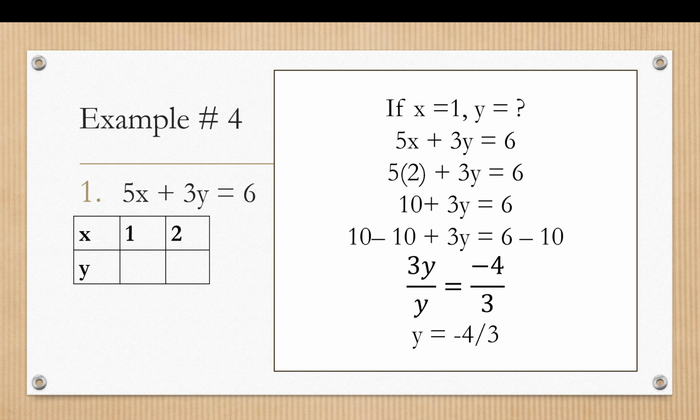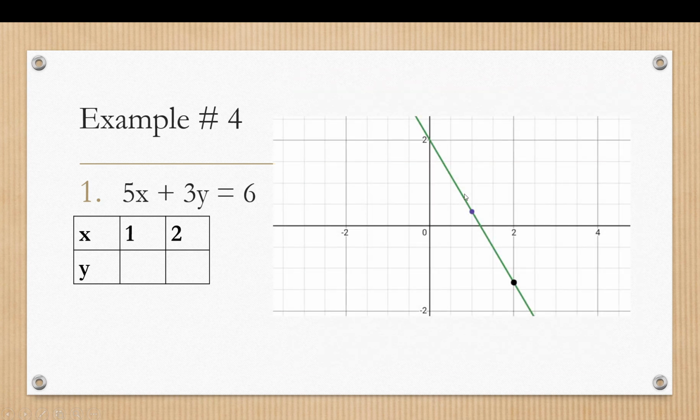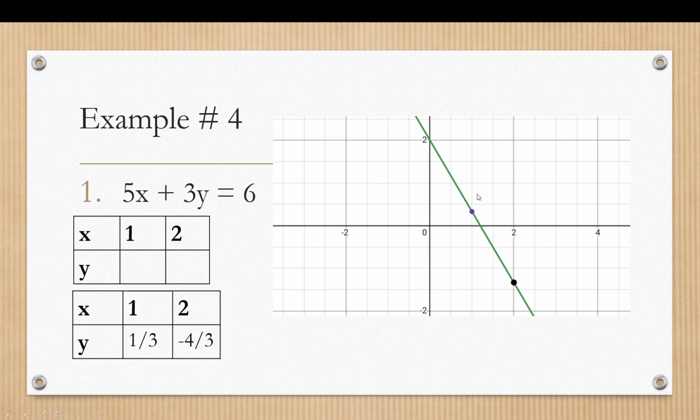We will divide both sides by 3, which will give us y = -4/3. Using the Desmos graph, it will give us the values x = 1, y = 1/3, x = 2, and y = -4/3. Now, let's proceed in using the Desmos graph.